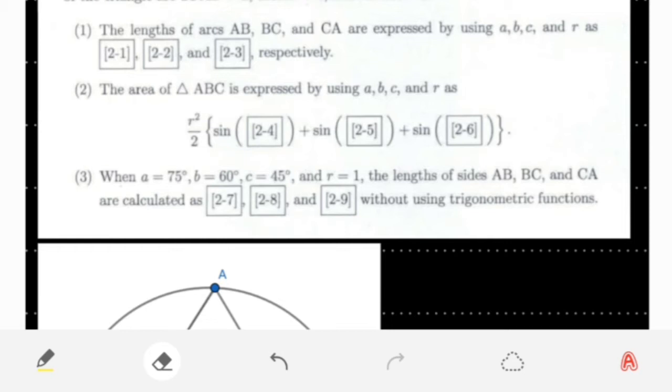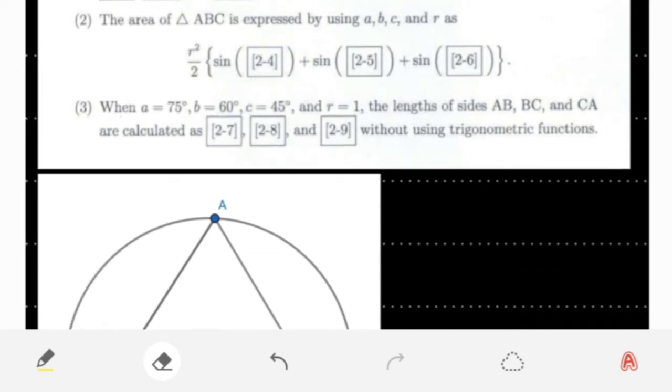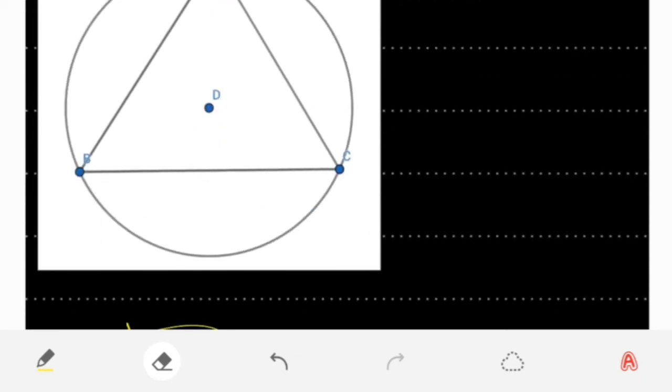I don't have any idea of how to solve it, because the only information that he gave us are the angles, so I don't know how we can find the length that he wants us to find without using trigonometry. If you use the sine law or the cosine law, you are automatically using trigonometry. So I'm going to use trigonometry. And what exactly trigonometry?